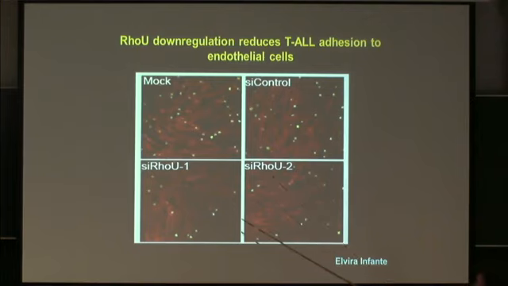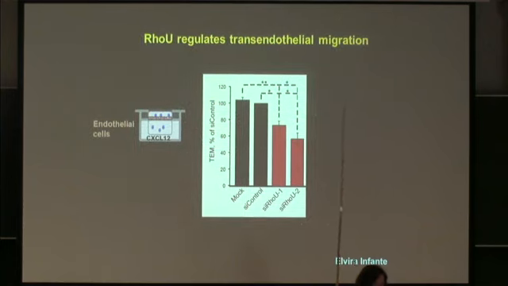This is an adhesion assay where we're simply looking at the attachment. You can see there are fewer green cells here than in the control. This means, of course, that fewer of these cells cross the endothelial cells because they don't attach as much. But it's a different way to what RhoA is doing.